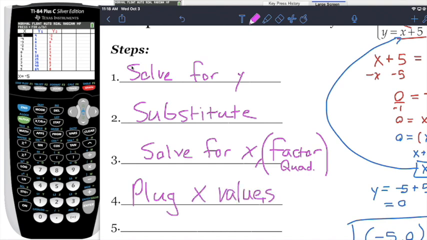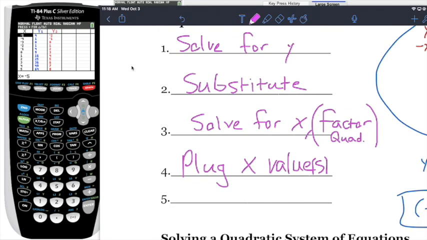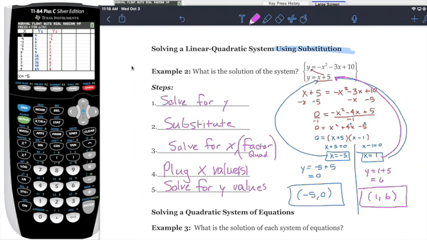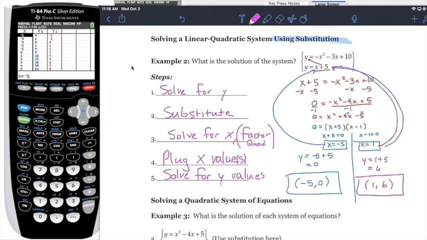Sometimes there will be multiple x's, sometimes only one, so plug in the x values and then solve for y values. Okay, and that's a good comprehensive list of solving systems of quadratic equations with linear equations.